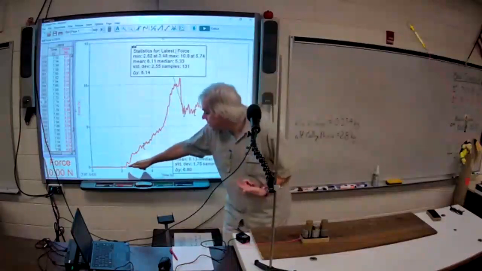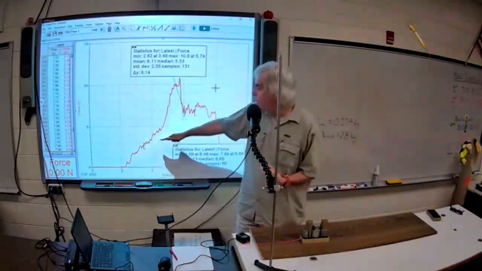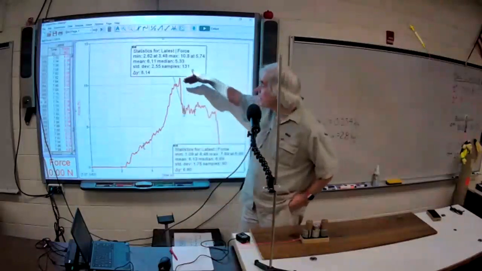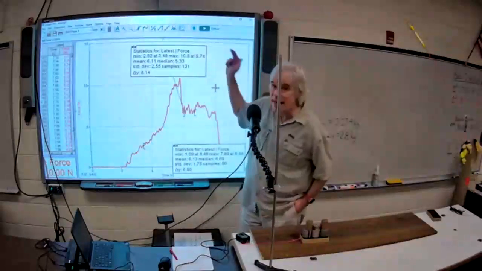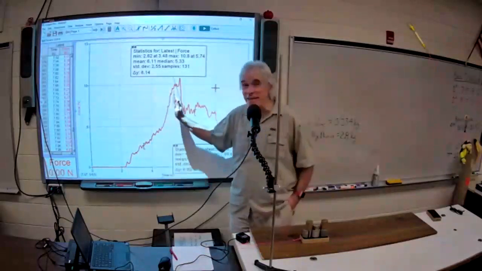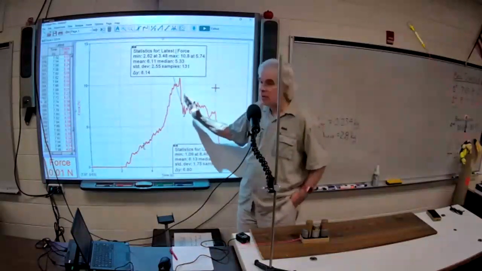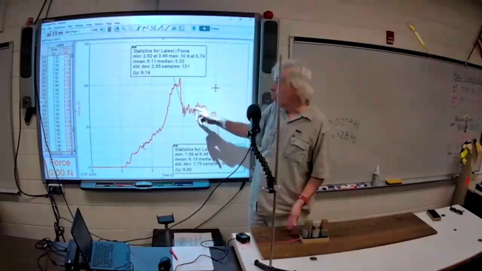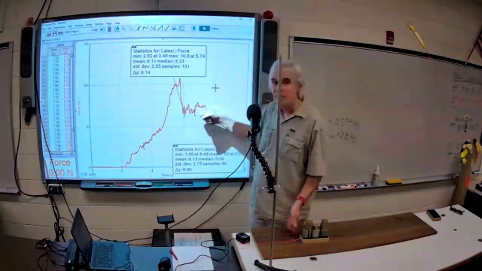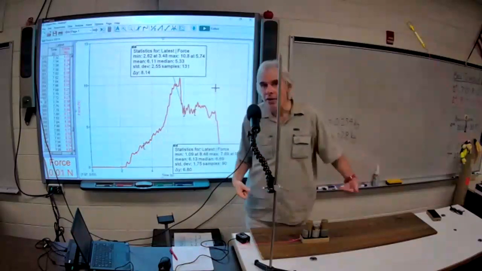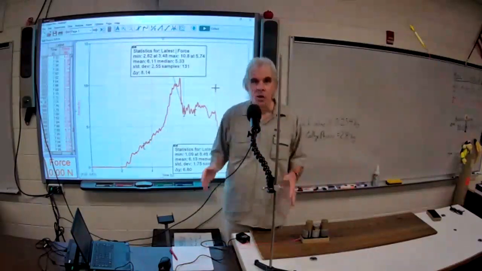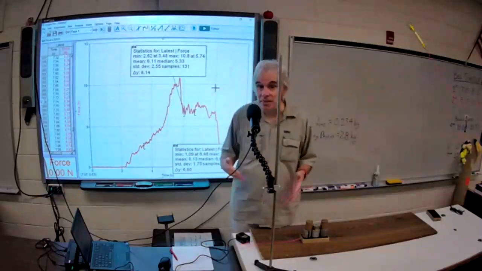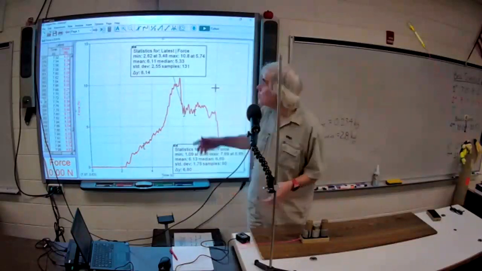So we have here static friction building up, up, up. Static friction can be anything from 0 up to some limit. In this case, the limit was 10.8 newtons. As soon as we exceeded that, the object moved. And at that point, the friction dropped. In this situation here, we had less friction while the object was moving. We call that kinetic friction. Kinetic being an adjective, it means moving.